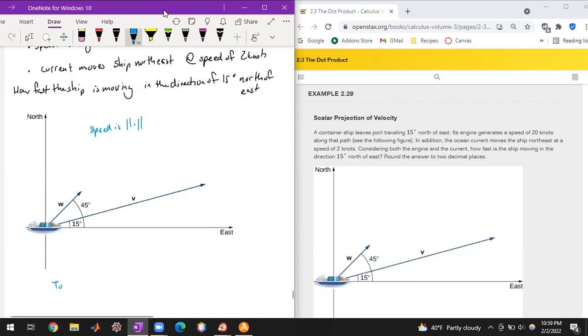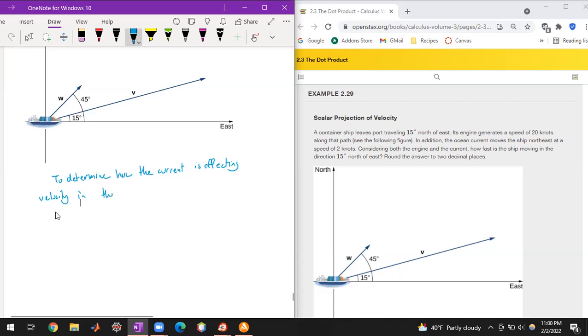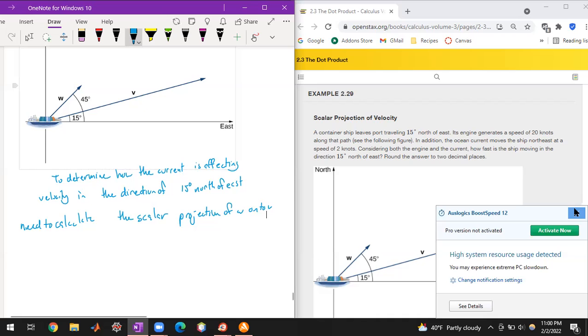To determine how the current is affecting our velocity in that particular direction, we need to calculate the scalar projection of W onto V. We're just interested in how much of that 2 knots is actually being applied to the velocity in this direction.